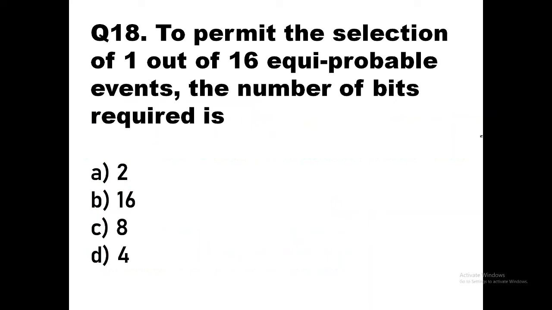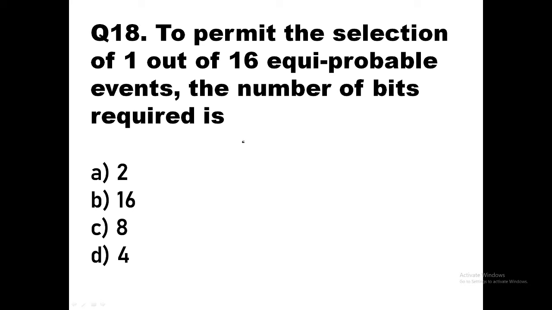To permit the selection of 1 out of 16 equiprobable events, the number of bits required is? The options given are 2, 16, 8 and 4. Here I want to permit 1 out of 16.